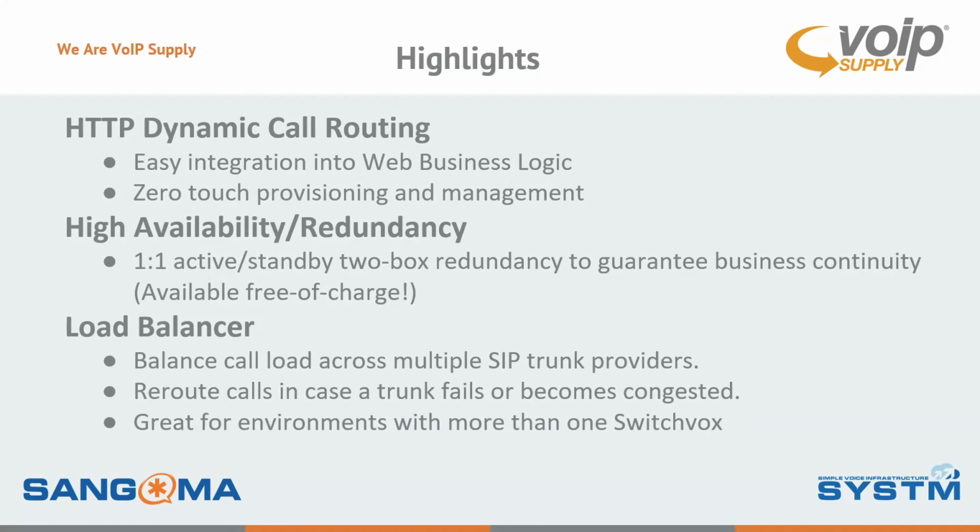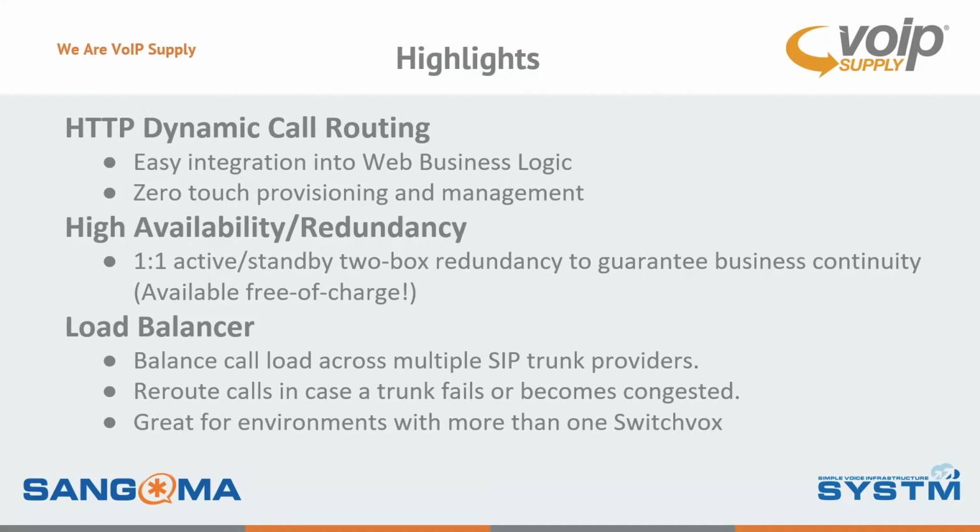It's built in, there's no additional licensing for HA. So essentially, it comes fully licensed for an HA environment. If you wanted an active passive, or active standby, two-box redundancy system, that's available to you even when deploying in the system environment. You could do load balancing. So this is simply to say that I can have one trunk coming in and balance it across several providers, or vice versa, have many PBXs coming in through the box and distribute them to one provider.